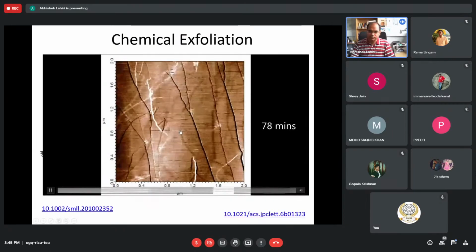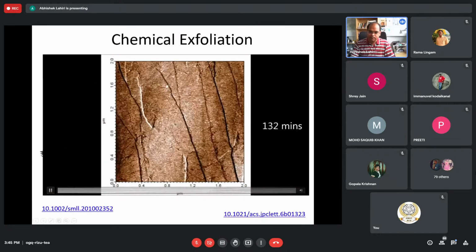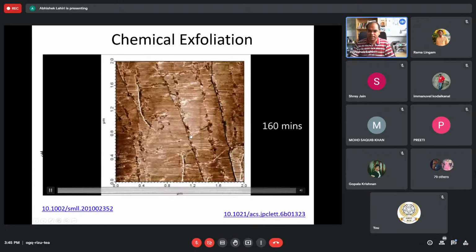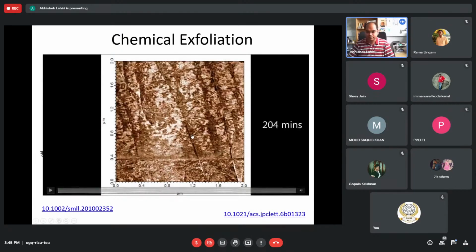One of the things which you will observe during the process is that these lines get much deeper, and after 150 minutes, you can clearly see that the surface is completely changed because of the chemical exfoliation in ionic liquid.